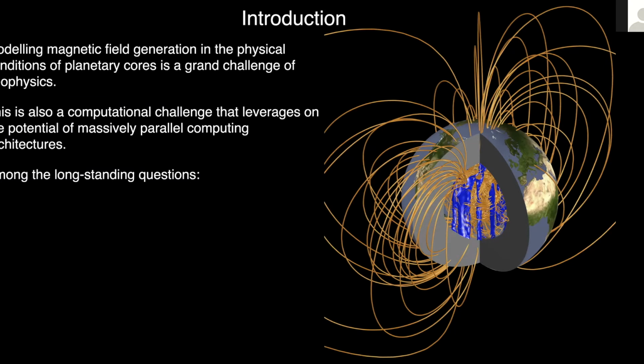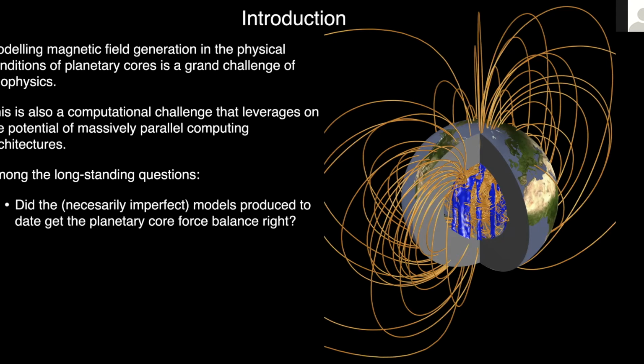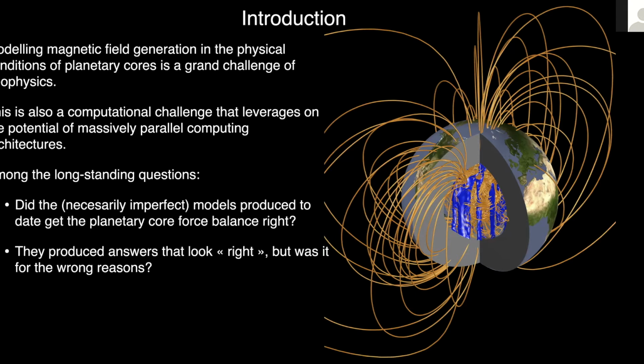Among the long-standing questions, we have had models that are necessarily imperfect, but did produce quite nice results, but was it for the wrong reasons? So did they get the planetary core force balance right?